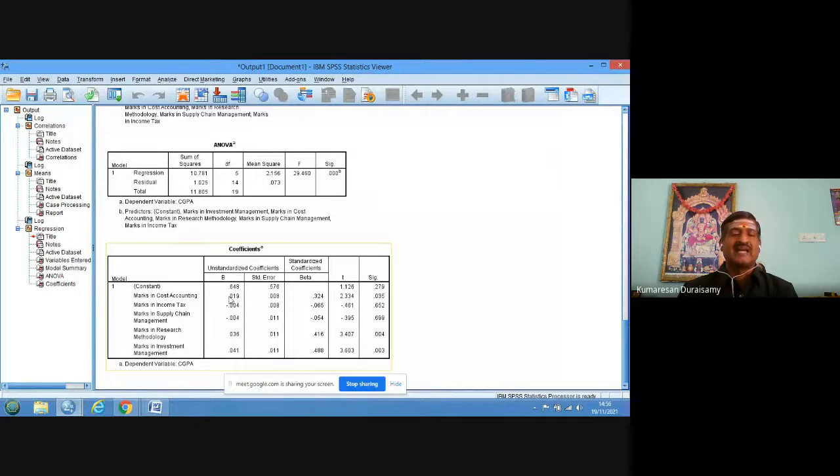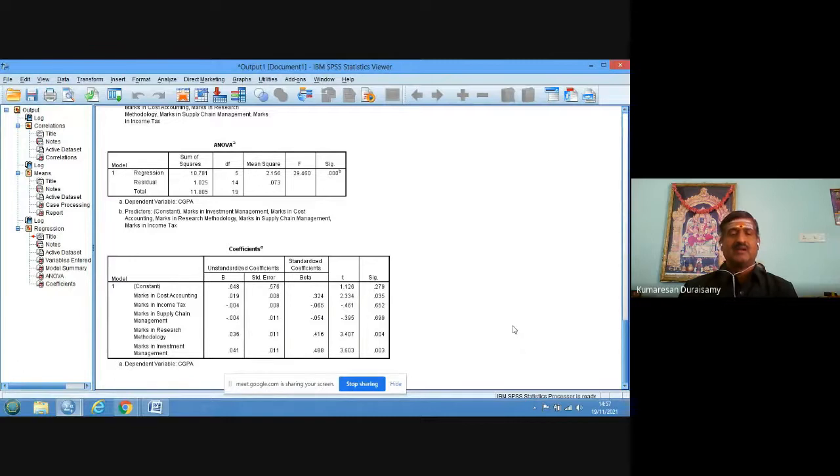So a is the value arrived here, that is 0.648. Then these are the B1, B2, B3, B4 and B5. B1 0.019, B2 minus 0.004, B3 minus 0.004, B4 plus 0.036, B5 0.041.